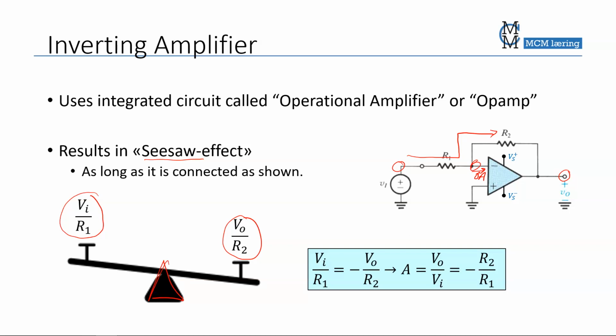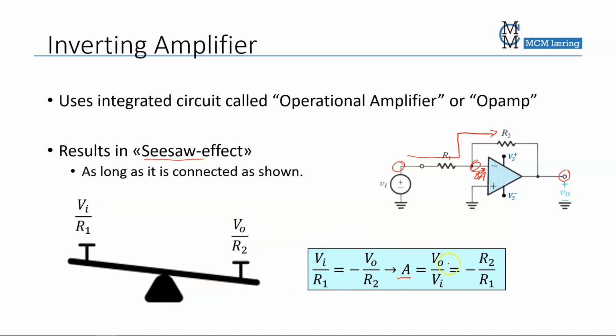So if the V in goes up, well, this one has to go down. So therefore you get this equation here, that V in over R1 equals minus V out over R2, because of this seesaw effect.